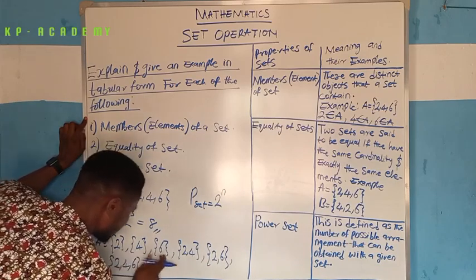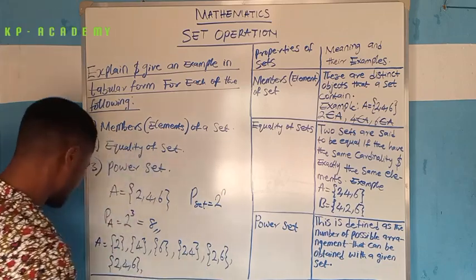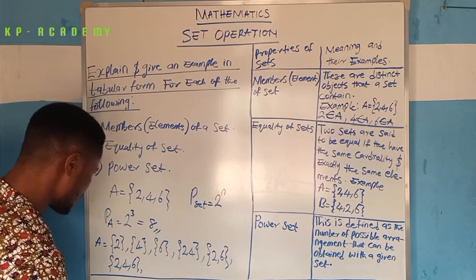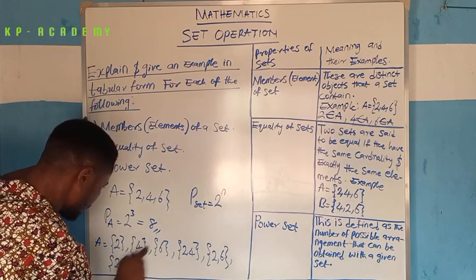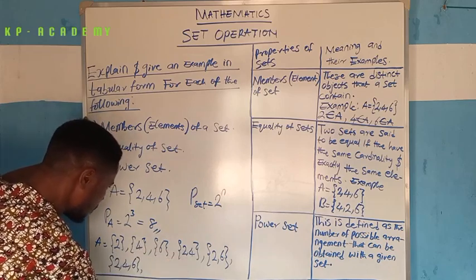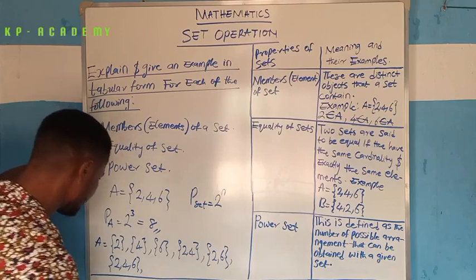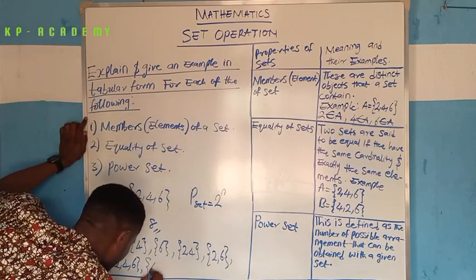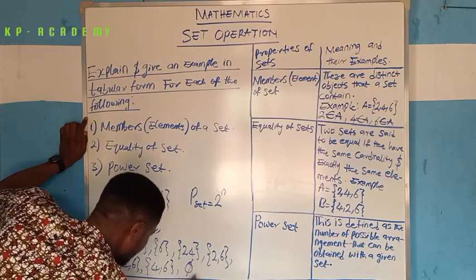That is 1, 2, 3, 4, 5, 6. Next one is set of 4 and 6. The next one should be the empty set.